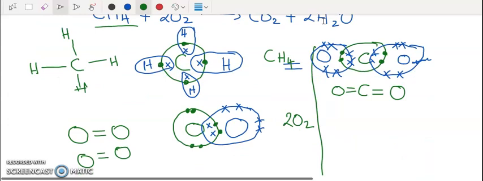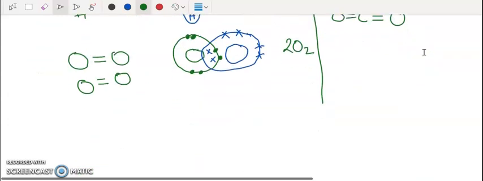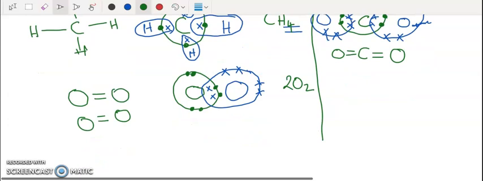Next, we've got 2 waters. Now water is a little more tricky to draw. So we've got oxygen again. And in oxygen we've got 6 electrons, so we're going to have 2 here, and we're going to have 1 here, 1 here, and 1 here.